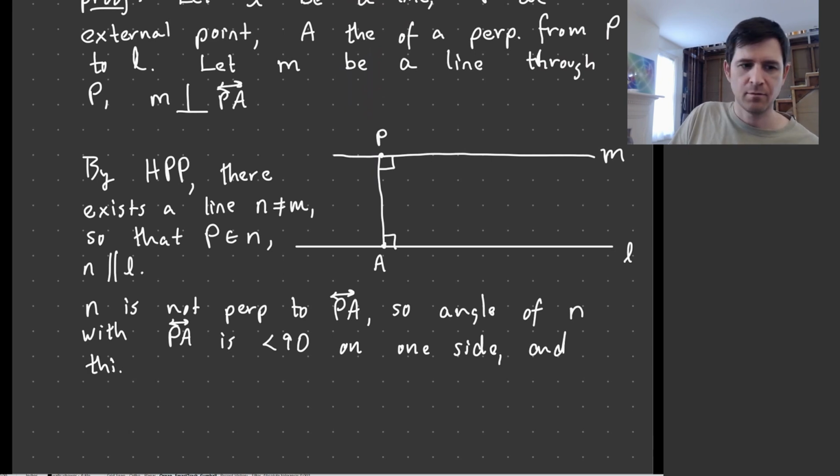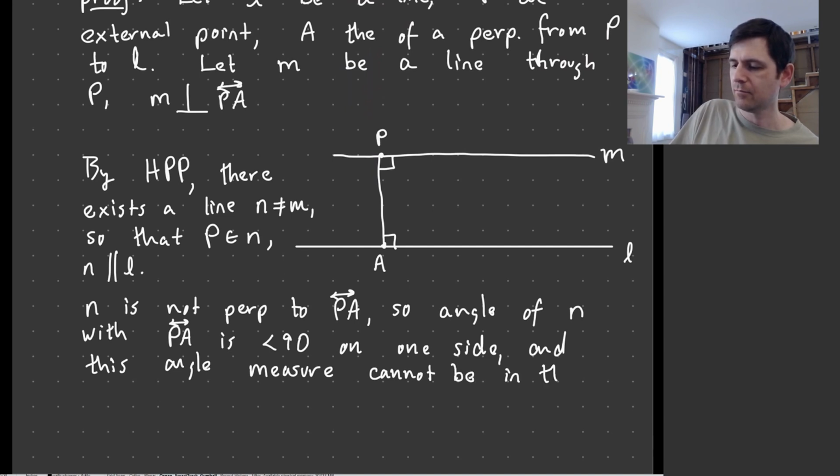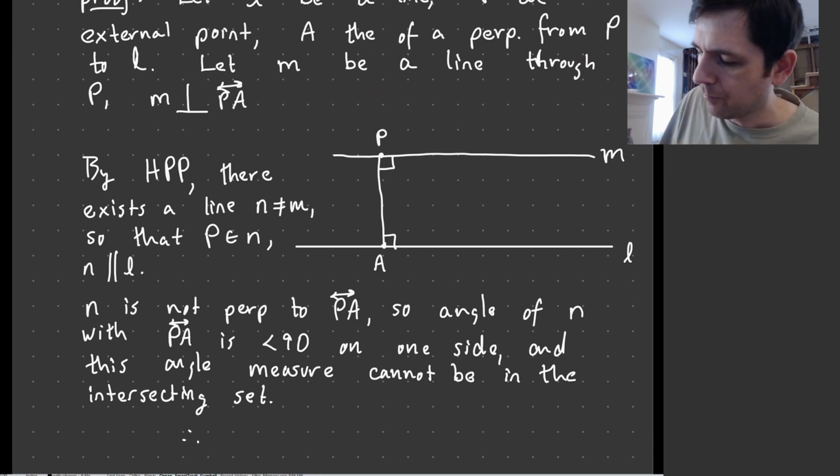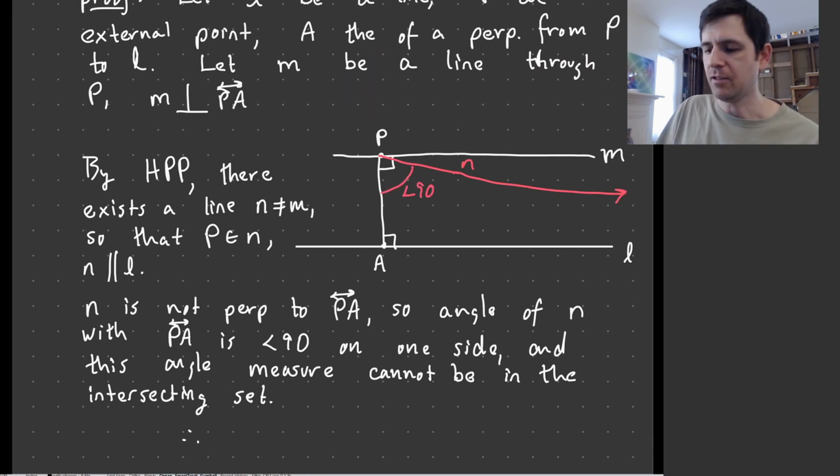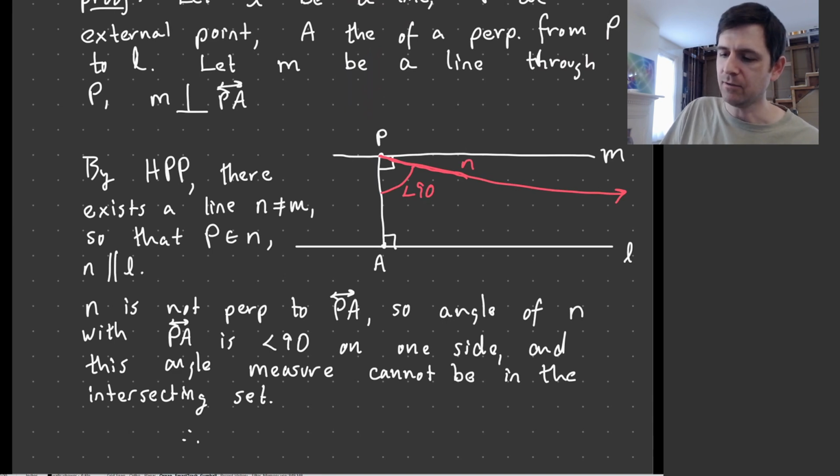And this angle measure cannot be in the intersecting set. There's some line N that does not intersect L and has this angle less than 90, and that tells us that the critical number has to be less than this, so it's less than 90.